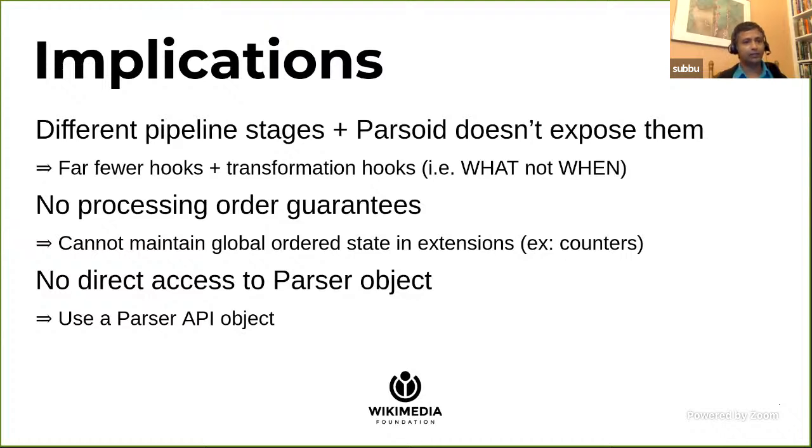And secondly, the fact that Parsoid does not guarantee processing order means you cannot maintain global ordered state in your extension implementation. For example, counters. You won't be able to maintain counters reliably in your extension. Thirdly, there is no direct access to the parser object, but you'll get a parser API object, and hopefully this will give you all the functionality that you will need to work with wikitext.